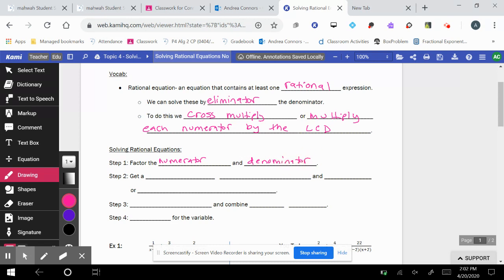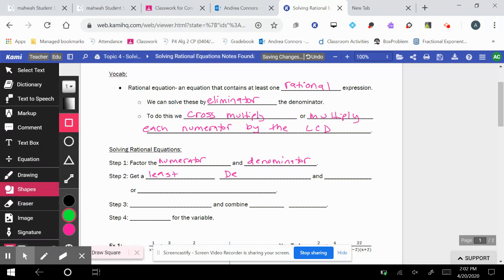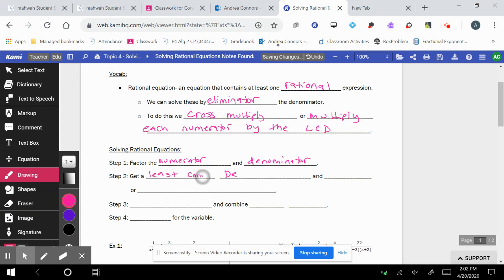Step 2, get a least common denominator and multiply to each numerator.